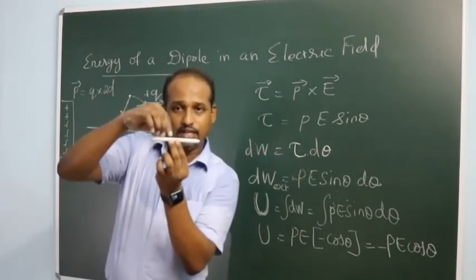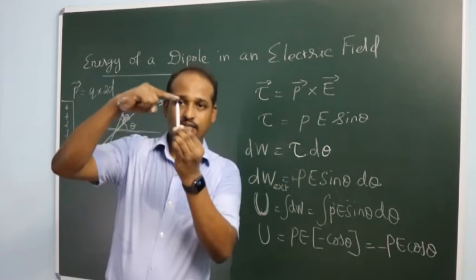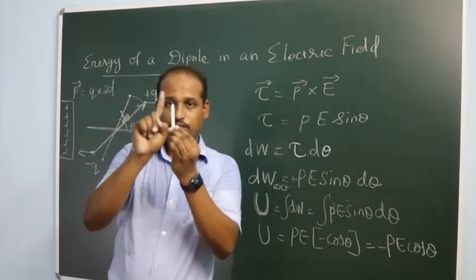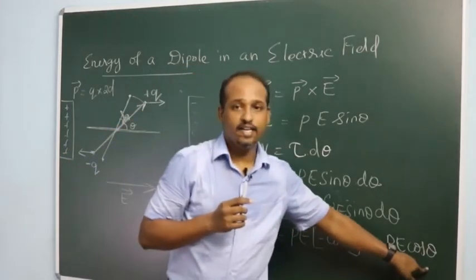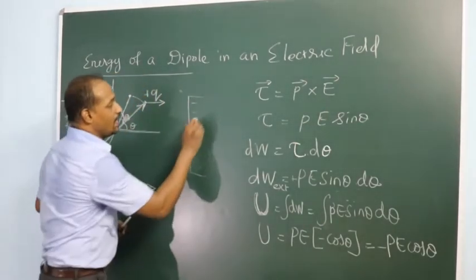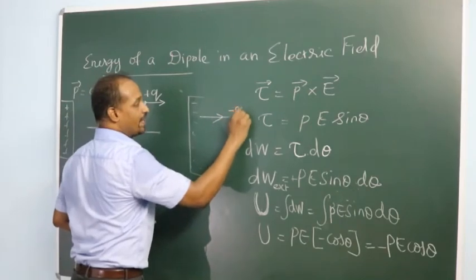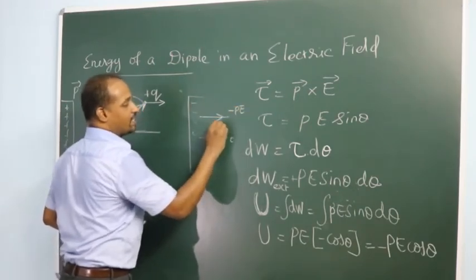If the dipole is perpendicular to the electric field, the angle between them is 90 degrees, so PE cos 90 degrees is 0. When the dipole is aligned along the field, its energy is minus PE; when perpendicular, energy is 0.